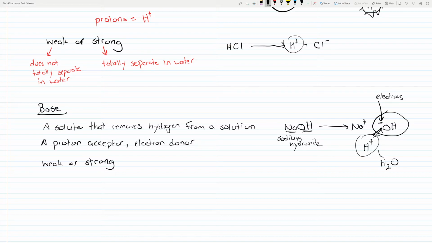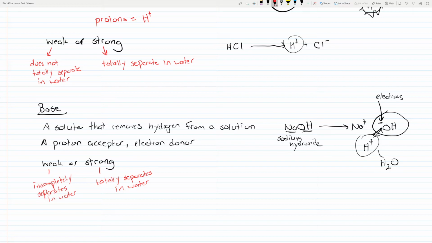So a strong base totally separates in water, and a weak base incompletely separates in water. That's all you've got to know about weak versus strong. And again, when we do the acid buffer stuff in lab, we're just going to be working with strong bases.